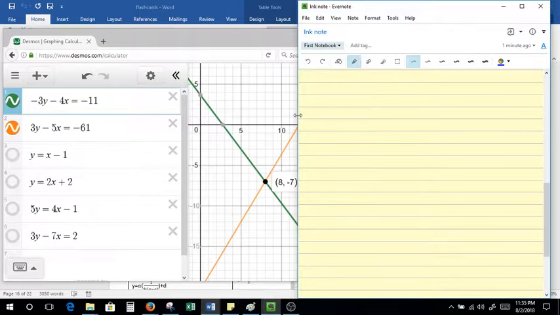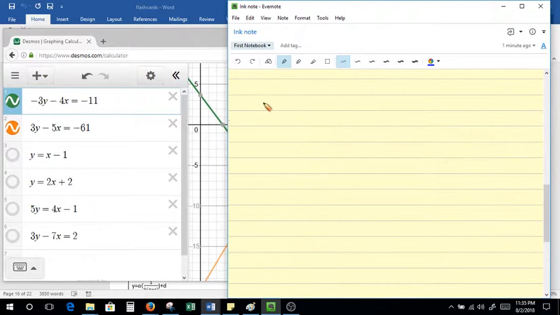So if I didn't have this graph to tell me what was going on, I'd have negative 3y minus 4x equals negative 11, and 3y minus 5x equals negative 61. Over time, you're going to get better at deciding which ones to do substitution on versus elimination.